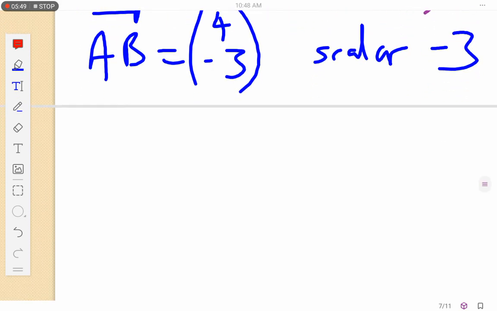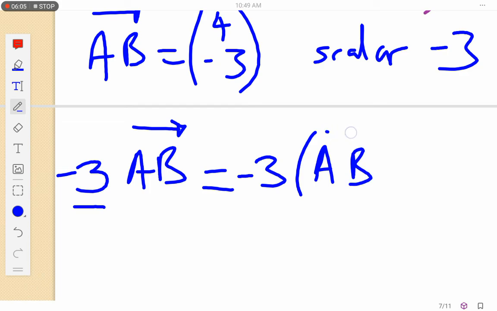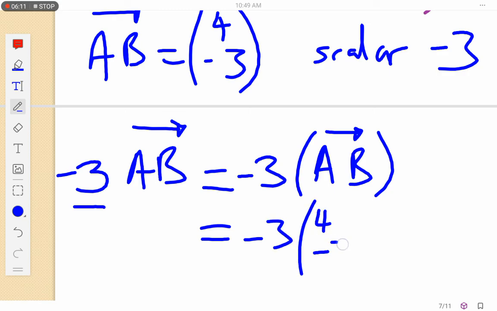Okay, so what we do here is this. We say -3 AB, meaning we are multiplying with our scalar, is equal to -3 multiplied by our vector AB. Okay, like that. Now I come -3 by 4, minus 3 there.